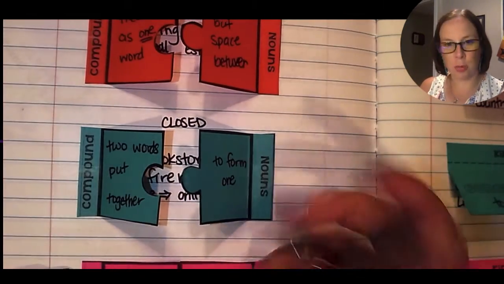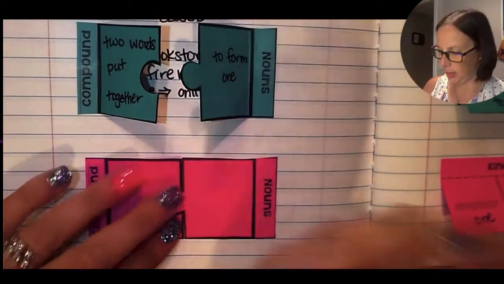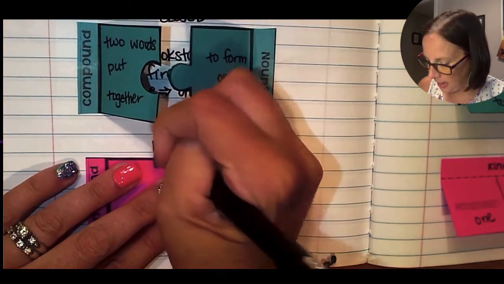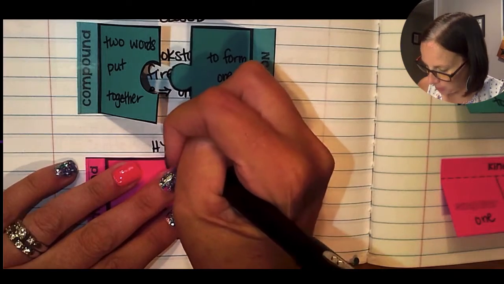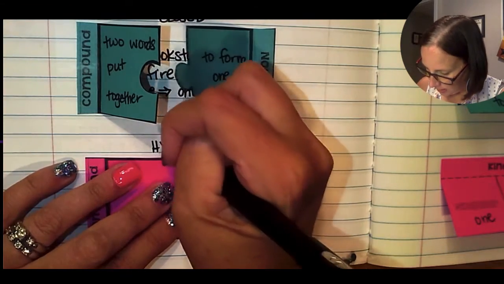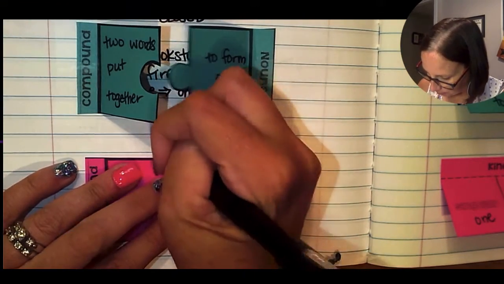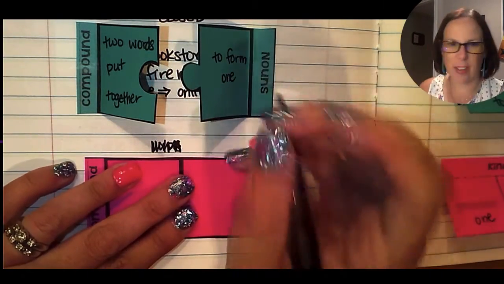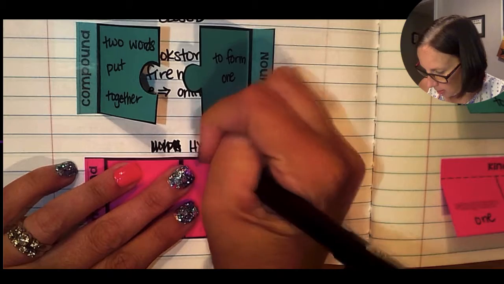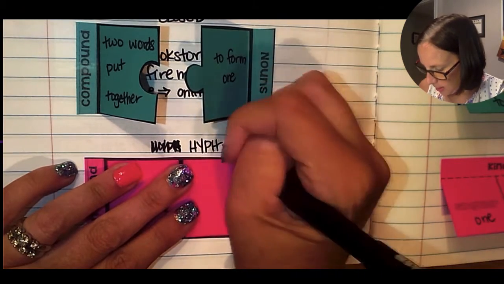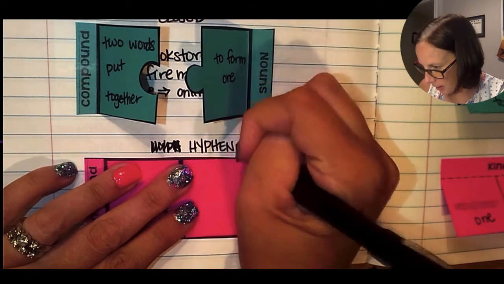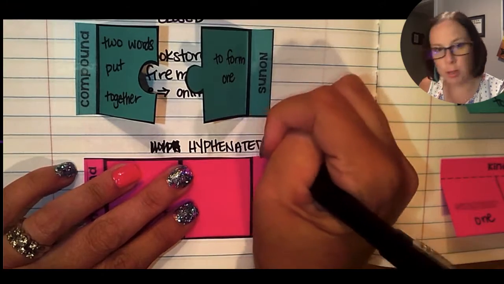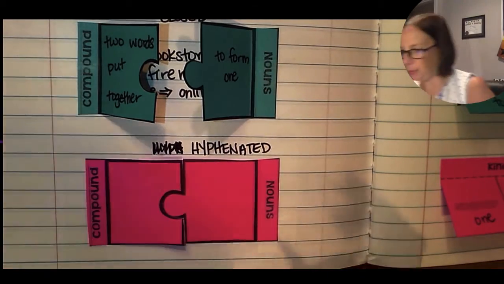Okay, so the last one is a hyphenated. Oops, gotta spell hyphen, right? This is an H. Let's just try that again. Hyphenated. I'm not really digging my all cap letters, just to let you guys know.